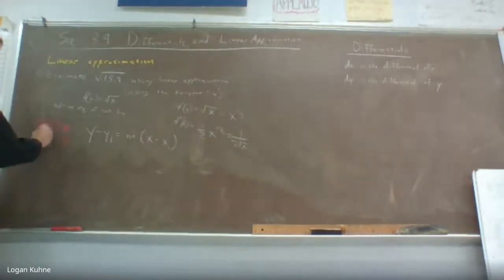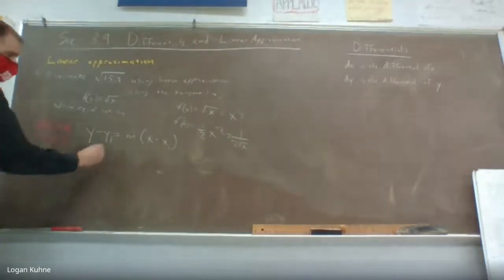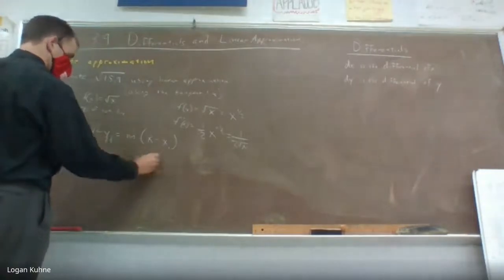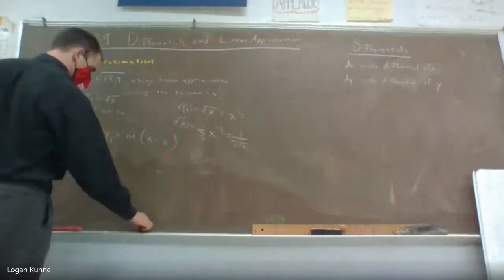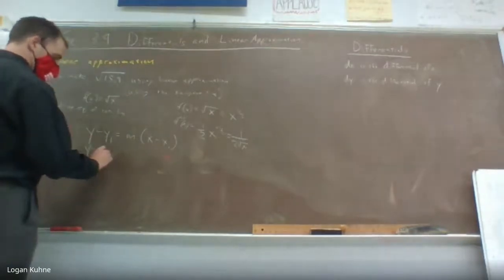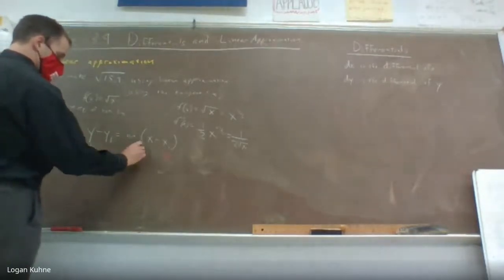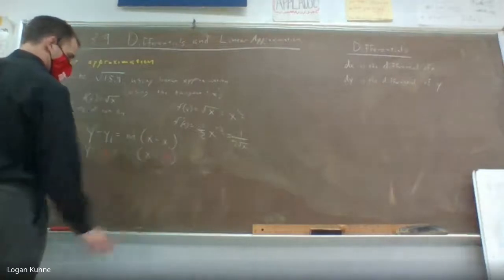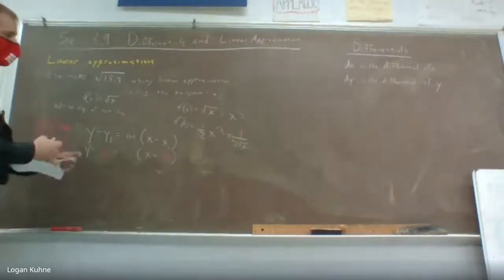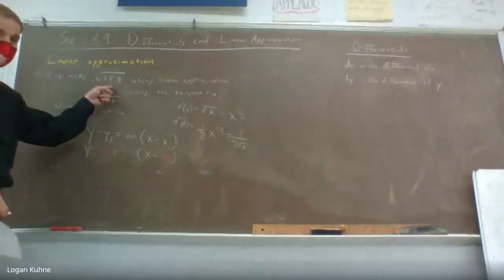I'm going to plug in my x and y. So there's my x, there's my y. I'm going to plug in 4 right here, 16 right here. y minus y1, m times x minus x1.